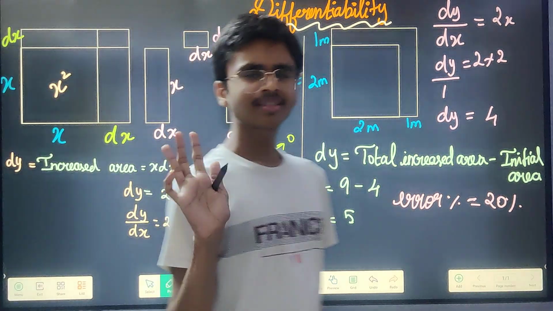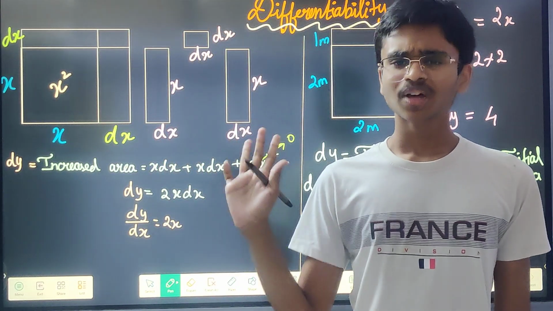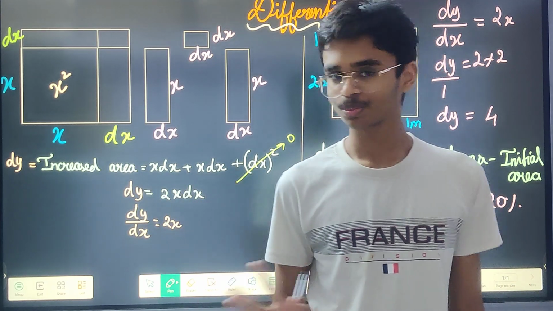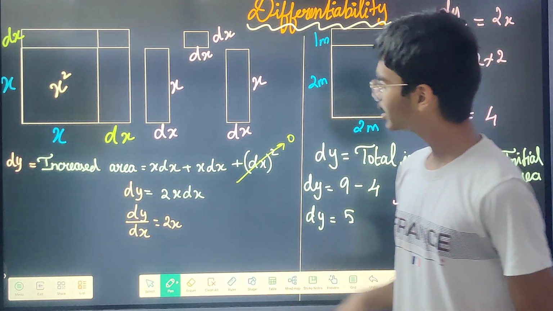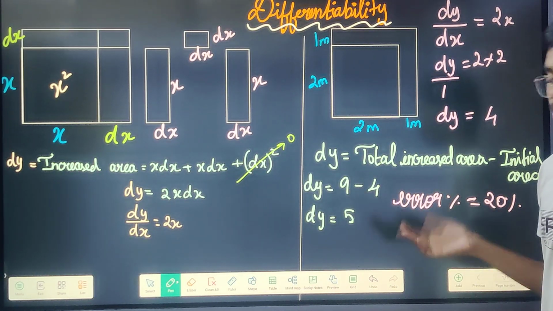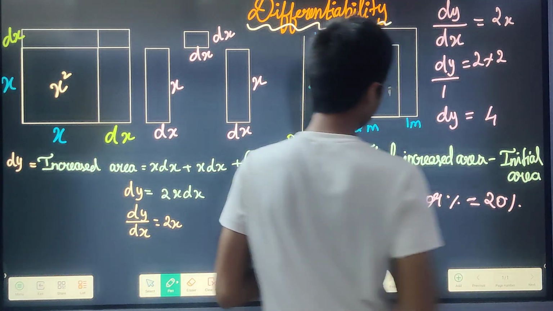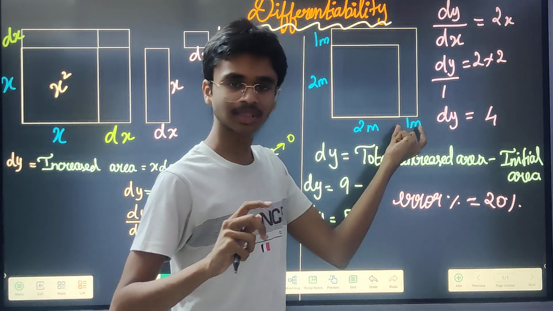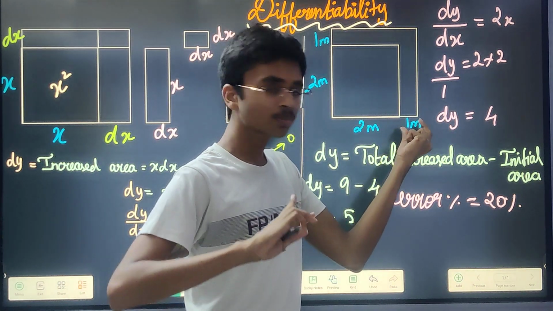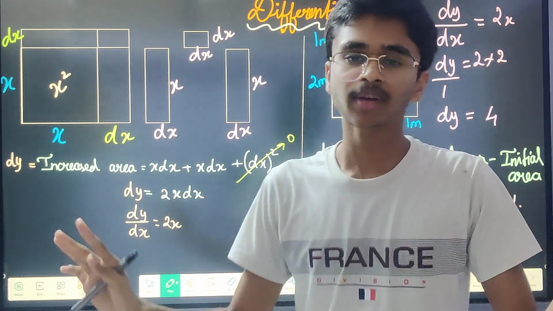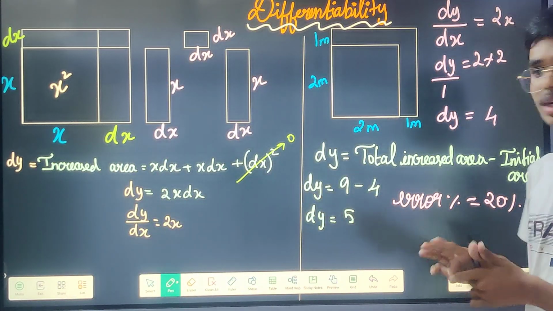You might think, wait Kanan, then whatever I've learned till now, all of them are wrong? No, it's not wrong. It is because you have chosen dx as 1. If dx is more than 1 meter, that is very big, right?